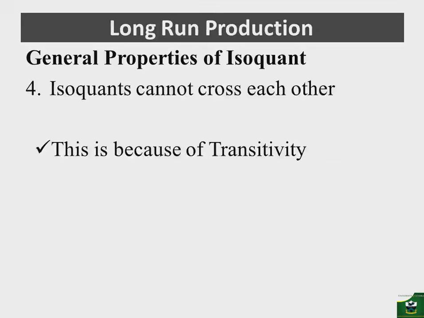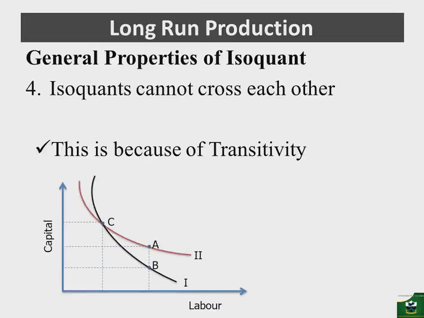The last property is that isoquants cannot cross each other, and this is because of the transitivity that we stated earlier in the theory of the consumer. The reason is that if you consider isoquant 1 and isoquant 2, point B and point C are on isoquant 1, therefore they have the same level of output. Point A and point C are on isoquant 2, therefore they have the same level of output.